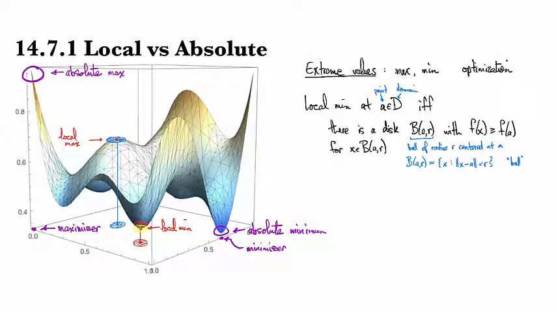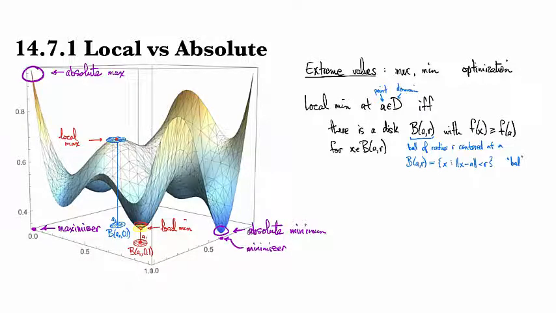Maybe you can call this point A1, and then we're looking at the ball at A1 of radius, I don't know, like 0.1 or something. And then over here, this will be our point A2, where the local minimizer is A2, and then B at A2 also radius 0.1, something like that.